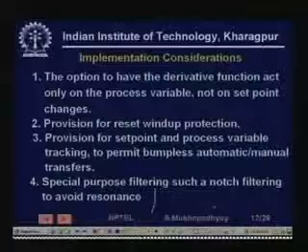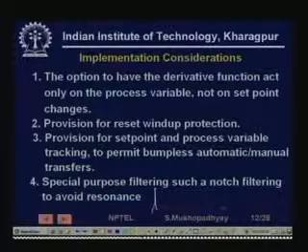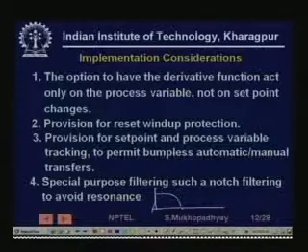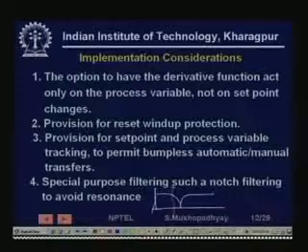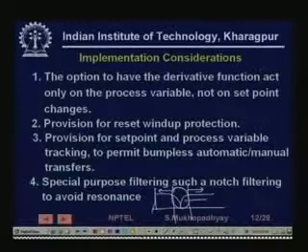For such purposes you sometimes use notch filters, which will pass all signals, but they have gain characteristics over frequency somewhat like this. In this range they will pass control signals, in this range also they will pass control signals, but in this narrow range they will stop the signal.